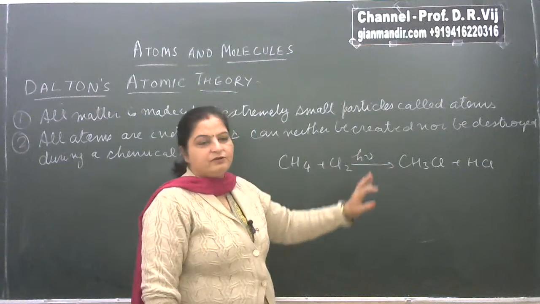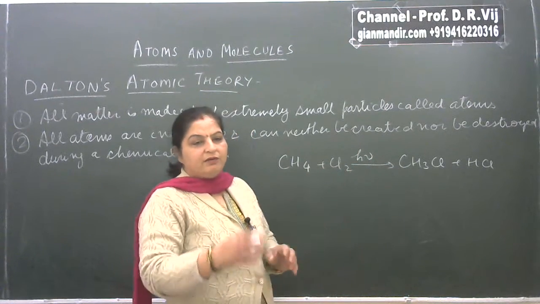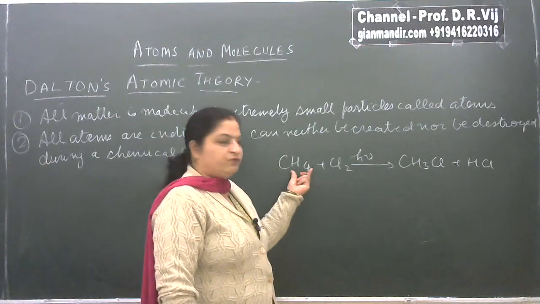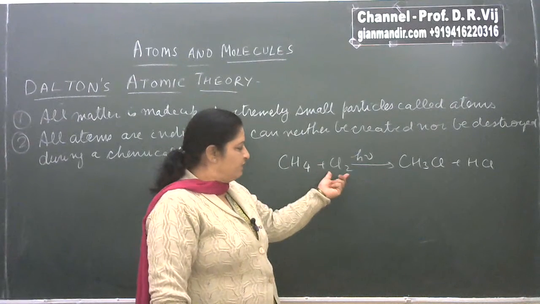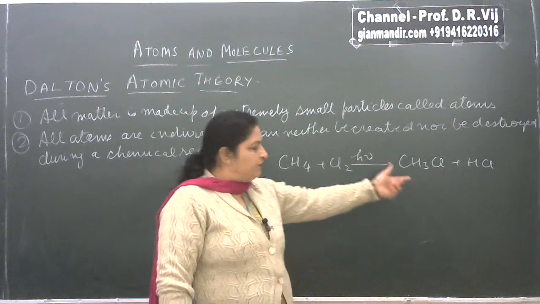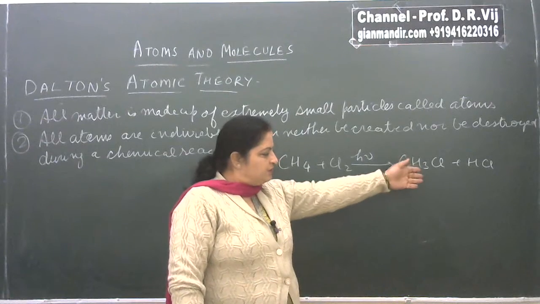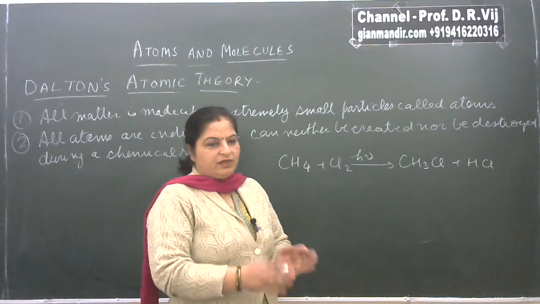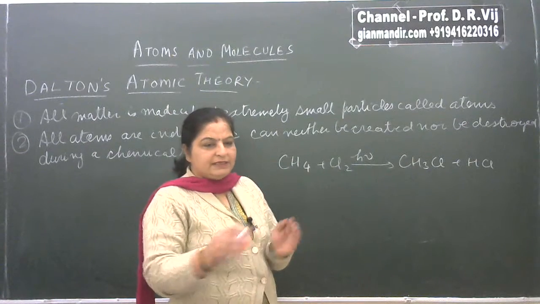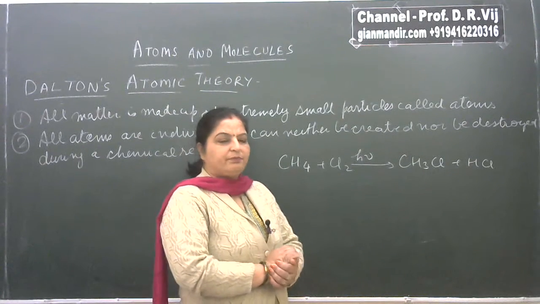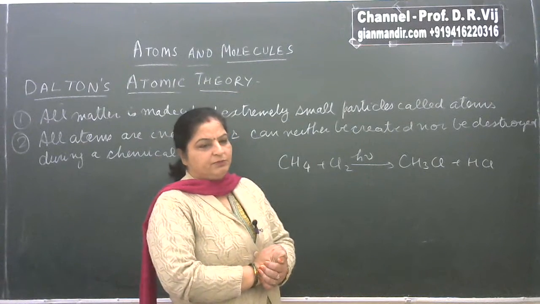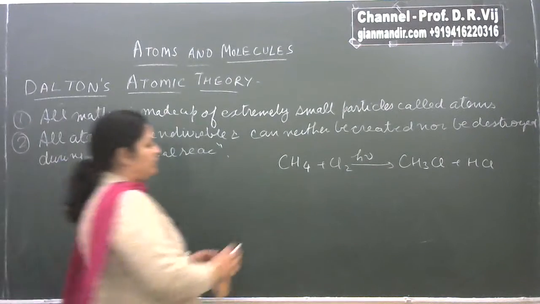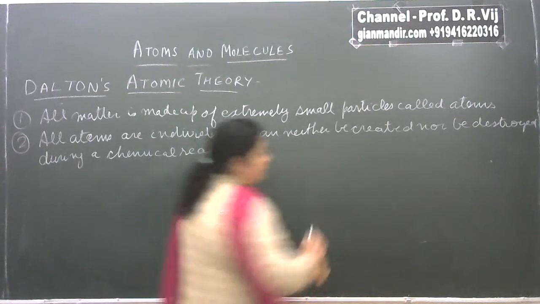If 2 chlorine, there are also 2 chlorine, right? Only their mode of arrangement is changing. Initially, one carbon atom was bonded with 4 hydrogen atoms and chlorine was separate. But after the reaction, one of the hydrogens of methane has been replaced by chlorine. So you can see very well that there is no change in the nature of the atom, only their mode of arrangement is changing, right? So, that is the second postulate of Dalton's atomic theory.